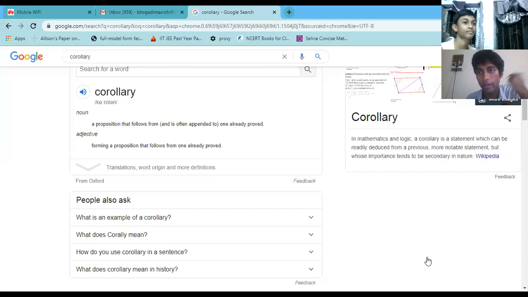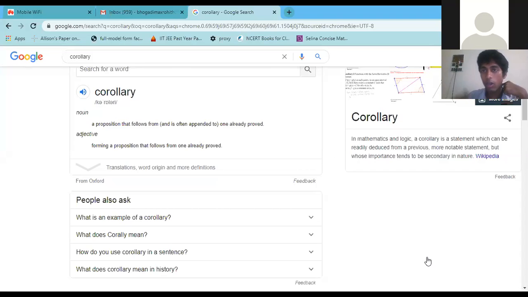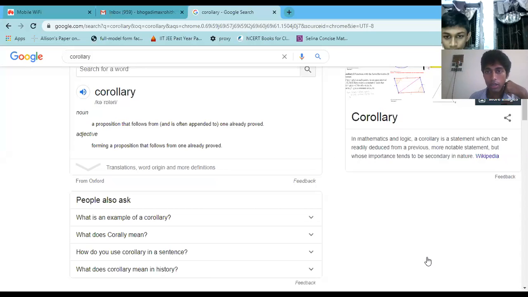Then the corollary, here it is written on the right corner. In mathematics and logic, a corollary is a statement which can be readily deduced. You know what deduced means? Deduced means you can prove it. It can be readily proved from a previous statement.